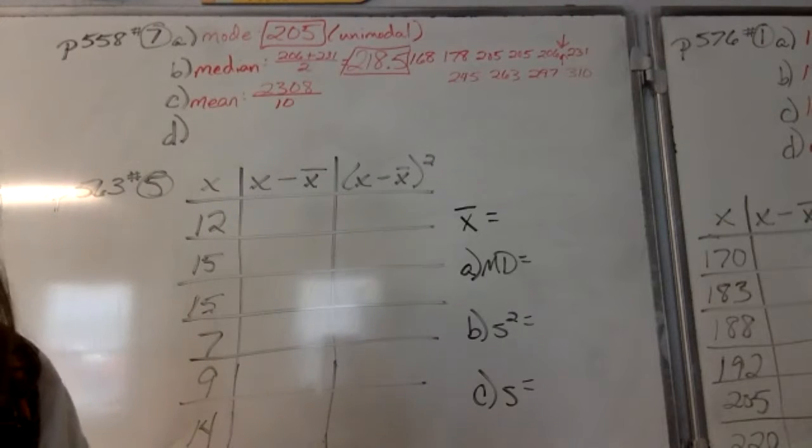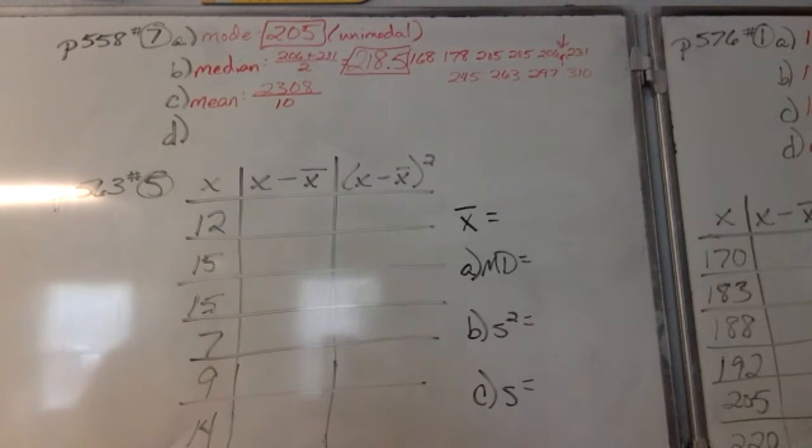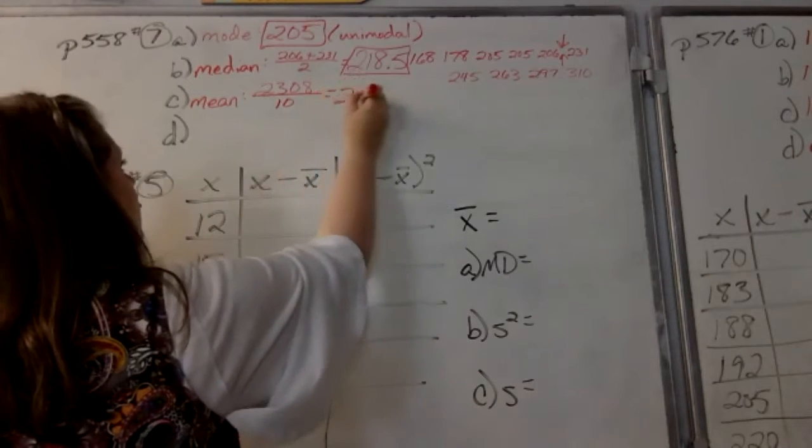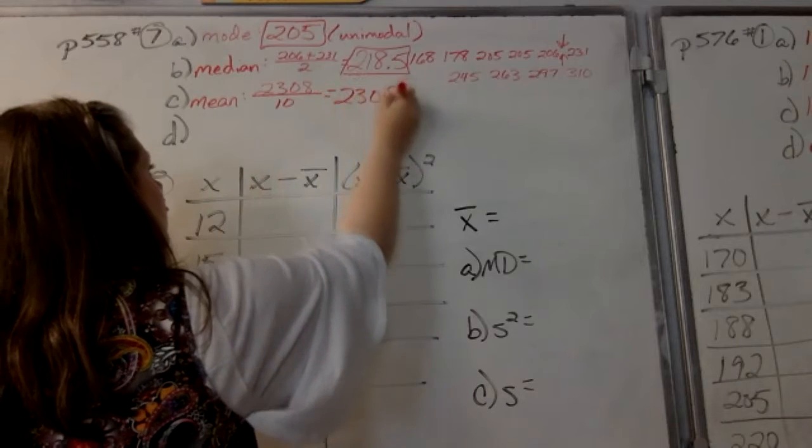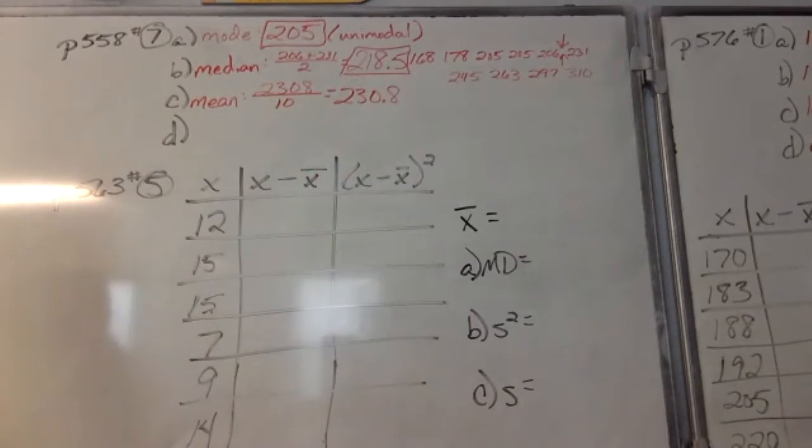I want y'all to check and make sure I added that right before we divide it by 10. Yeah, you did. Okay, so now if I divide that by 10, that's going to be 230.8.